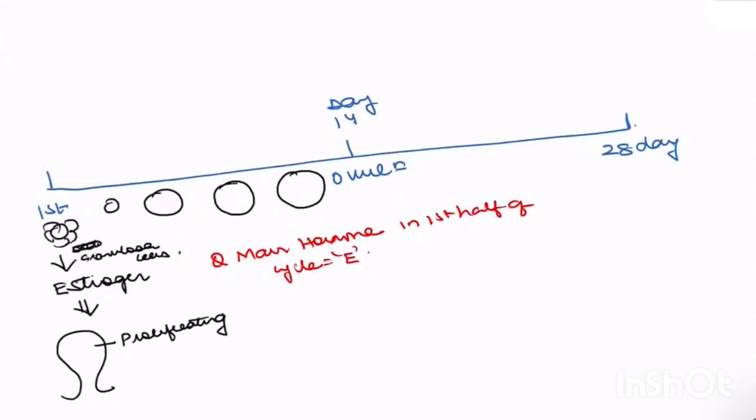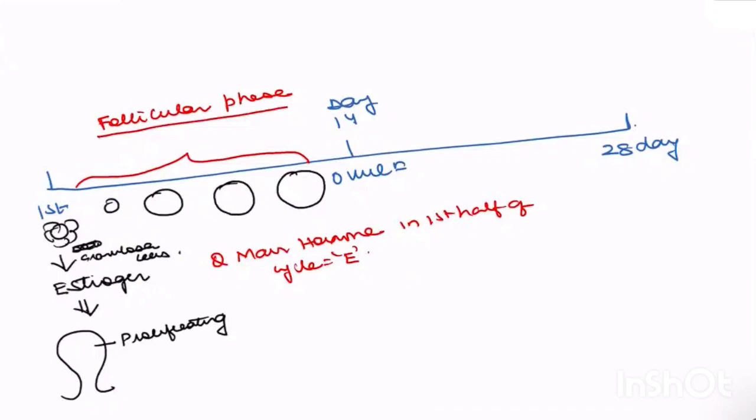Clear? Now, because first half of the cycle में जो भी हो रहा है वो follicle को हो रहा है. पहले सारे follicles stimulate हो रहे हैं, फिर all of them are dying except one follicle, right? And then one follicle is growing. So whatever is happening to the follicle, that is why first half of the cycle is called as follicular phase.